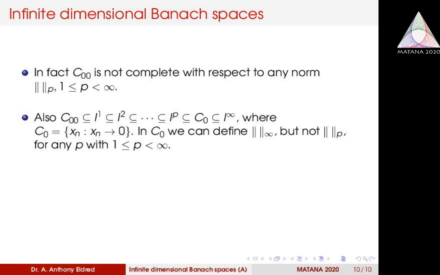So we can consider L1, though to define L1 we need that one norm. Using the one norm only we are defining the vector space L1, but after defining the vector space L1 we can define any norm on L1. Similarly we can do the same for other ell-p spaces.